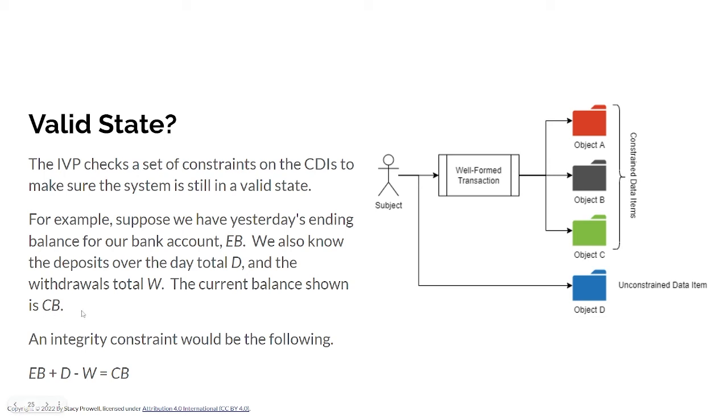An integrity constraint would be ending balance plus deposits minus withdrawals has to be the same as the current balance. So we can actually check that. We can run through the ledger and make sure that that's all correct. And if it is, great. That's one check, and there could be many, many others.